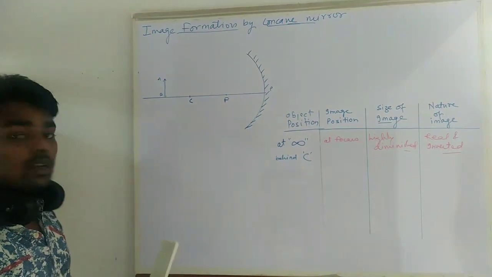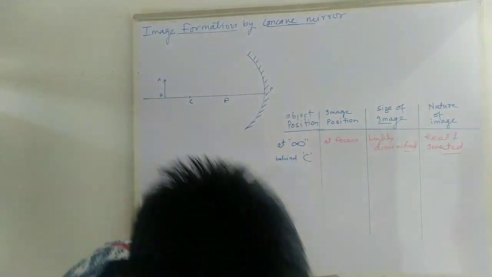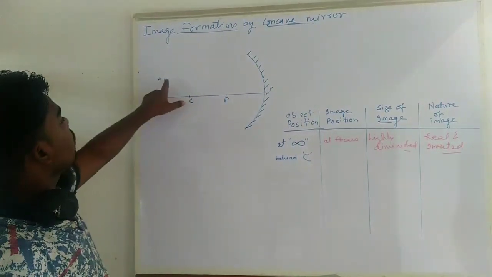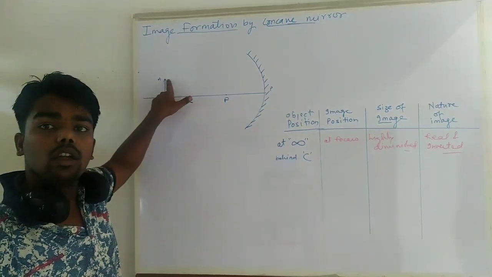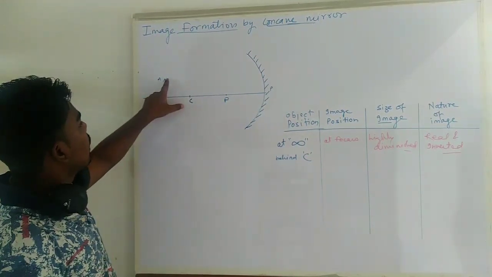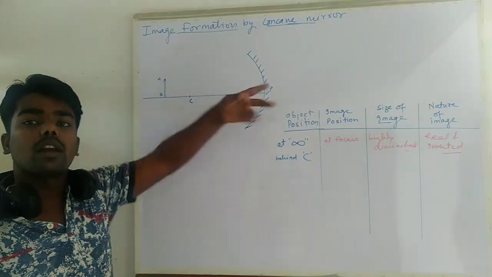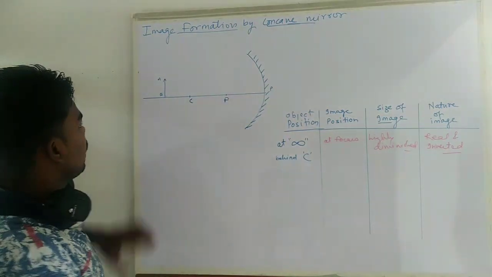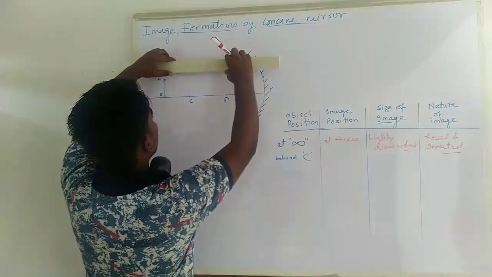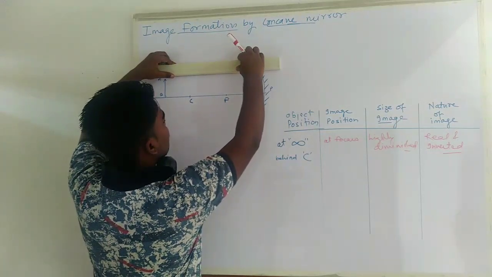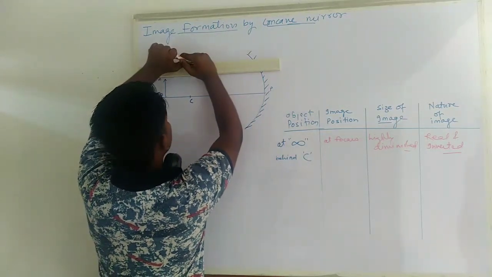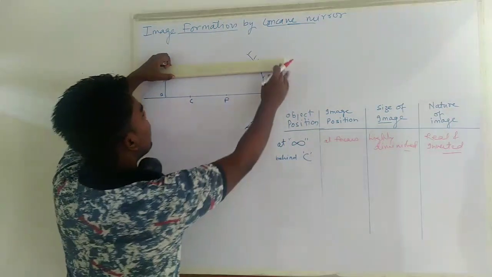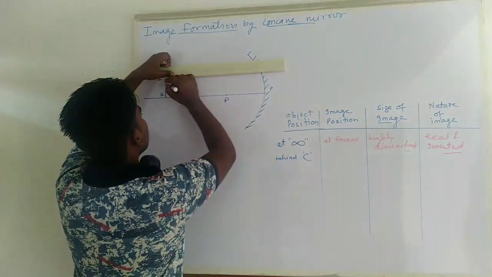First, we will take two light rays. Both light rays will go from one point of the object towards the mirror. Okay, so we will take the first light ray parallel to the principal axis. Suppose this is the light ray I am taking parallel to the principal axis.